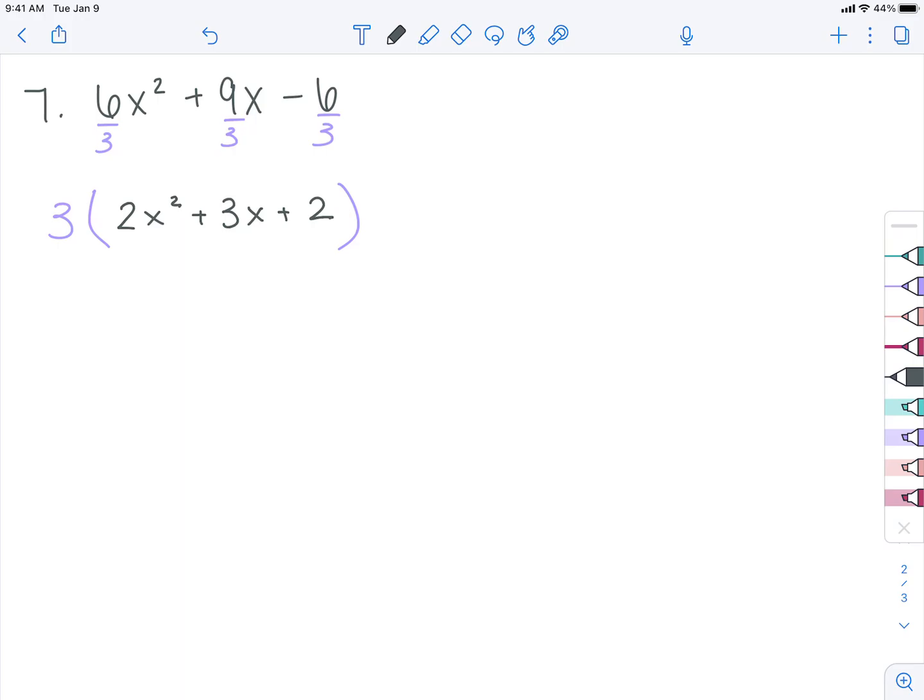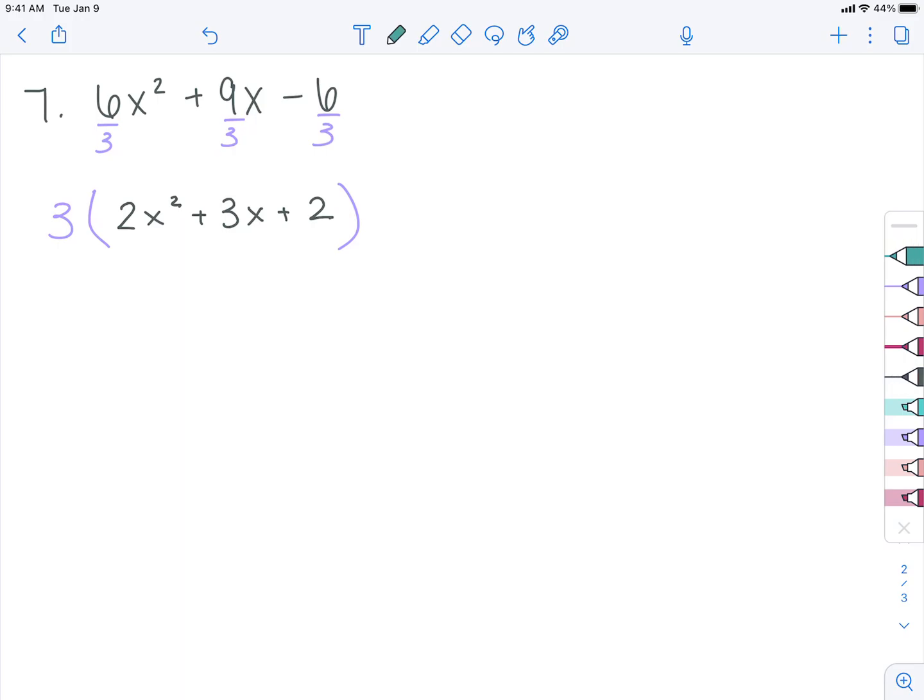And now what's inside those parentheses, that's what I'm actually going to factor, and I'm just going to drag the 3 along to be in my final answer. So the 3 is just going to be outside the parentheses, and I'm going to factor 2x squared plus 3x plus 2 exactly the same way we factored the last one.